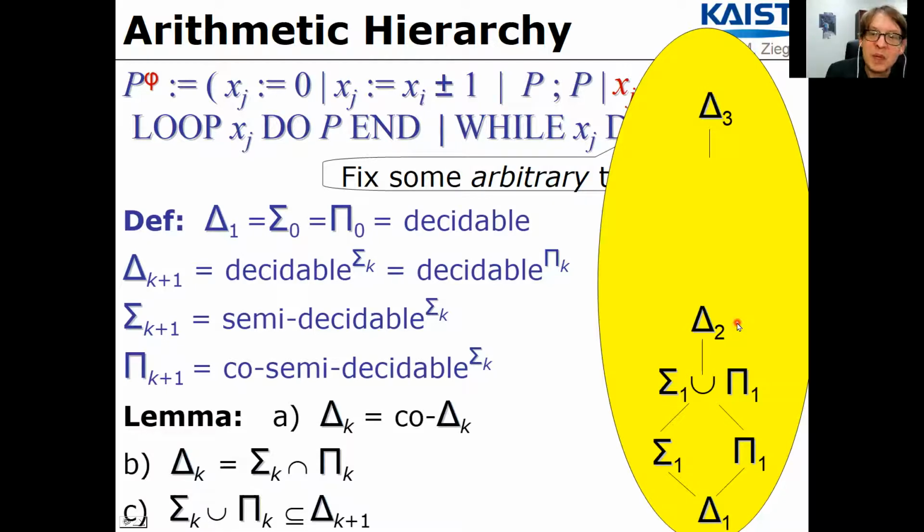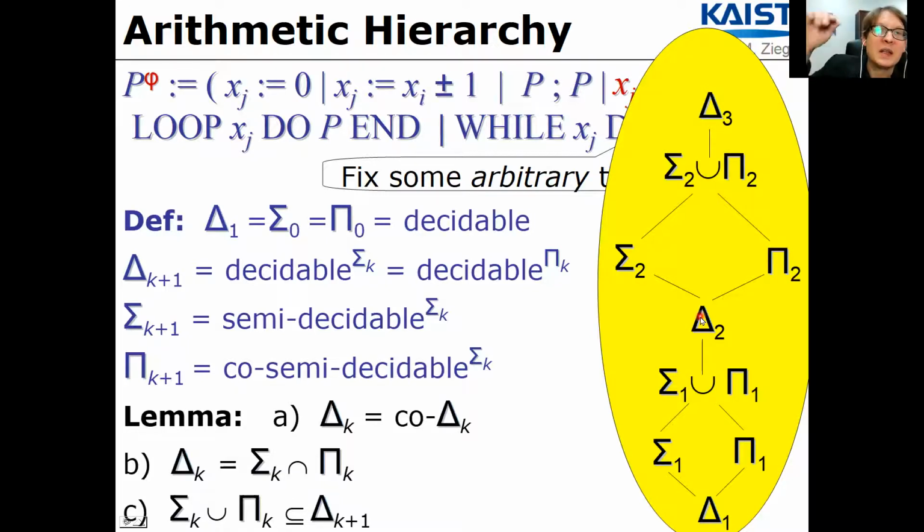Being both in, according to this lemma, sigma 2 and in pi 2. So here you see sigma 2, and here you see pi 2, not delta 2, pi 2, and the intersection between the two classes, the decision problems that belong to both, these are precisely those in delta 2, and so on.